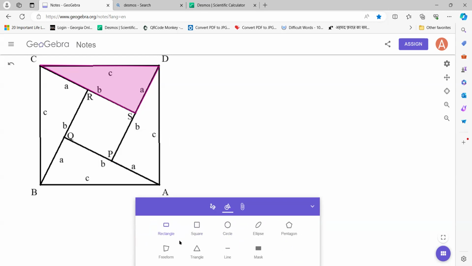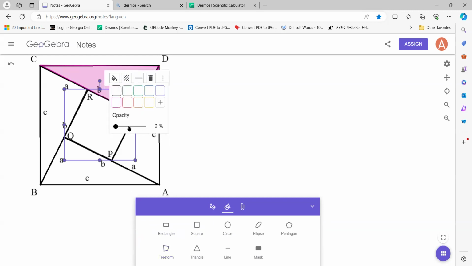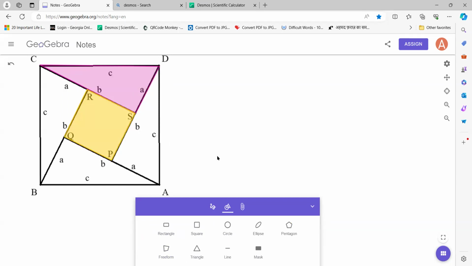I'm going to shade it yellow. This yellow shape is a square because each angle is 90 degrees and each side is the longer leg B minus the shorter leg A, which is B minus A. So all four sides are the same, all four angles are the same. So PQRS has to be a square.